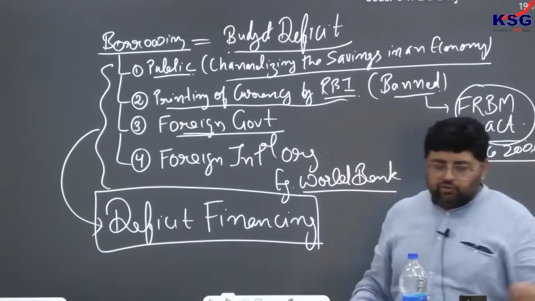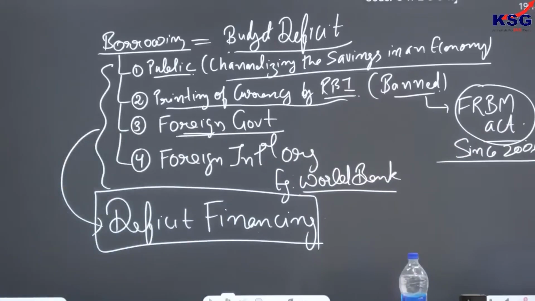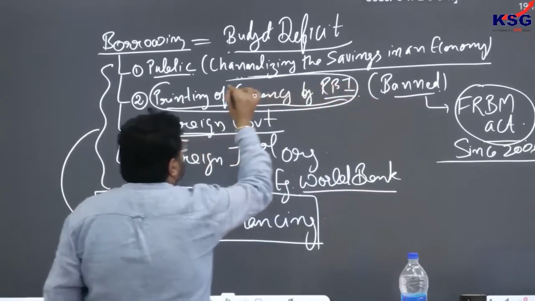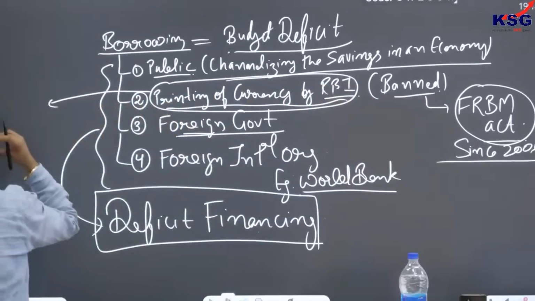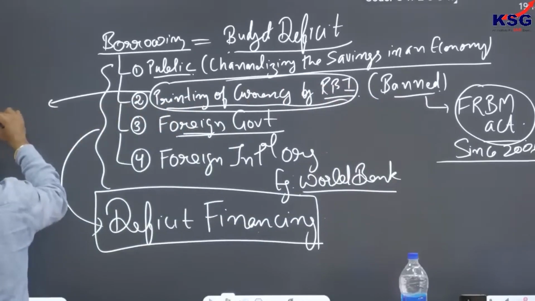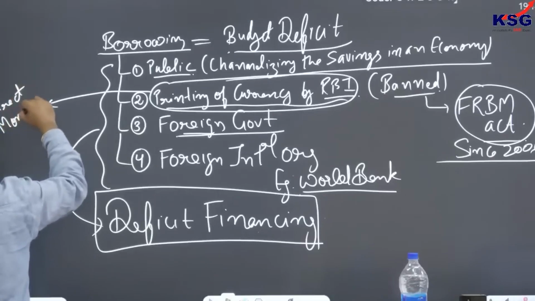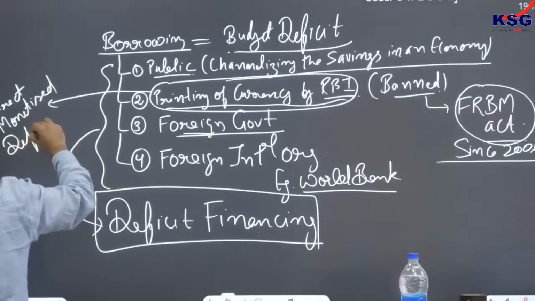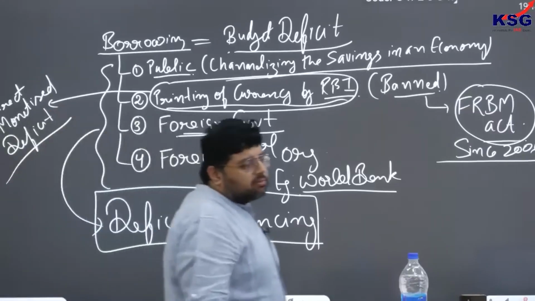Now second, when it comes to printing of currency by the RBI, we have a technical term for it, that is known as direct monetized deficit. Now in exam they can ask you a simple question, what is direct monetized deficit?